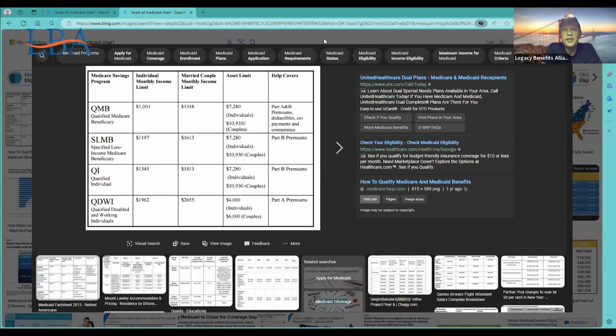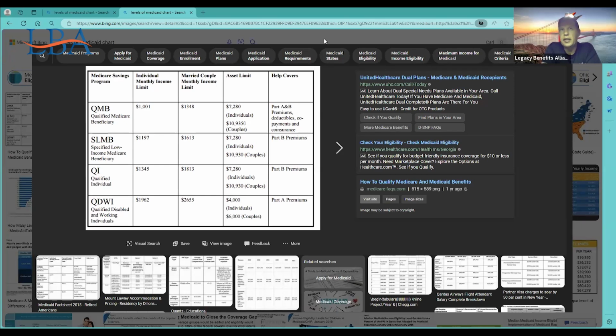But it's all based off of what they call the Medicare Savings Program. So states that have Medicaid will also have a Medicare Savings Program. Most of the ones that allow you to apply for other people, that is the benefit that you're looking to apply for them.